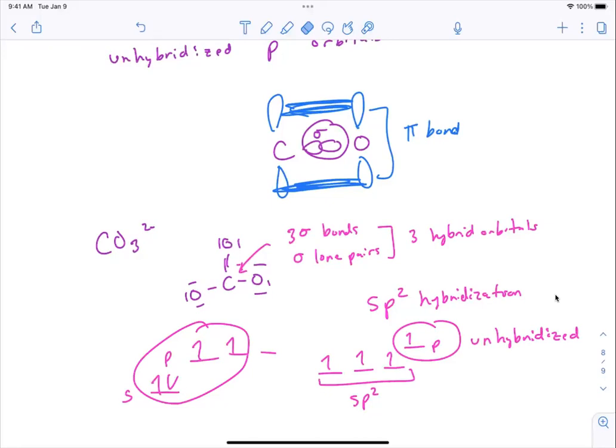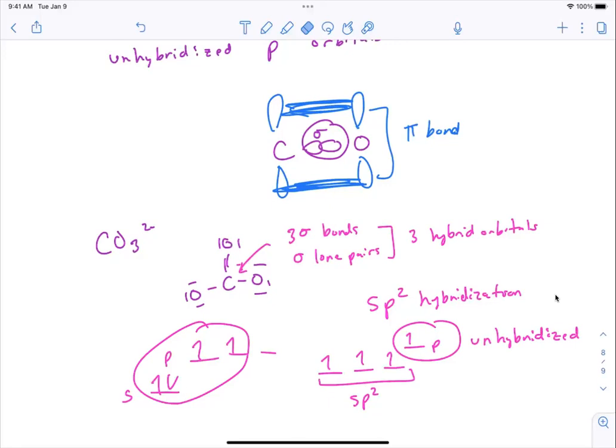So that thing I circled there, that's the unhybridized p orbital that allows a double bond to occur with the oxygen in the molecule. So if I ask you what's the hybridization of this carbon, it's sp2 because you only need to hybridize three orbitals to form all the single bonds and lone pairs that you need, because the extra p is in the pi bond, so you don't count that in hybridization.